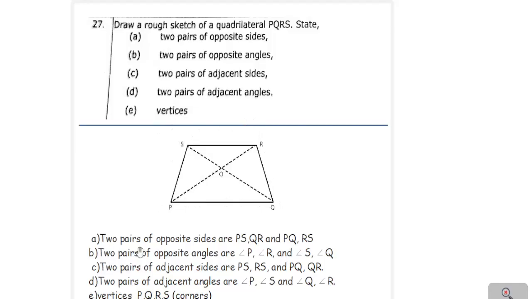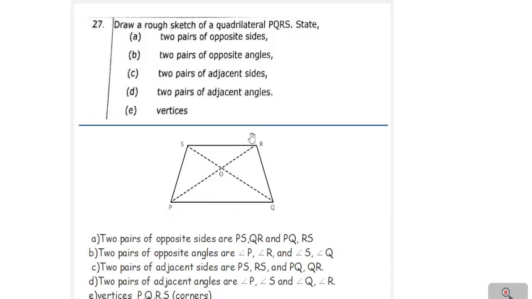Then 2 pairs of opposite sides: PS and QR is one pair of opposite sides, and PQ and RS is the other pair. Next, 2 pairs of opposite angles: P and R are opposite angles and Q and S are opposite angles. 2 pairs of adjacent sides are PS and RS, and similarly PQ and QR.